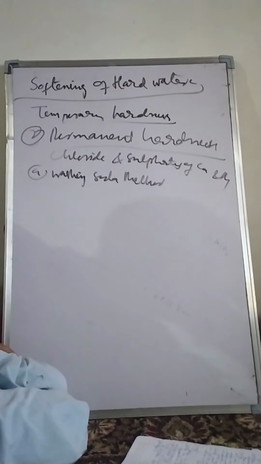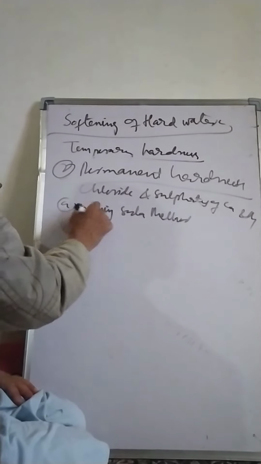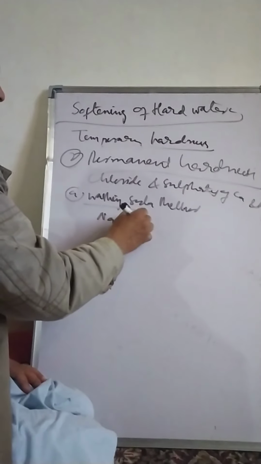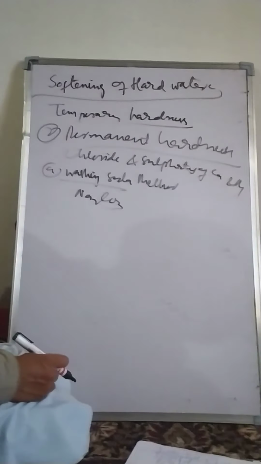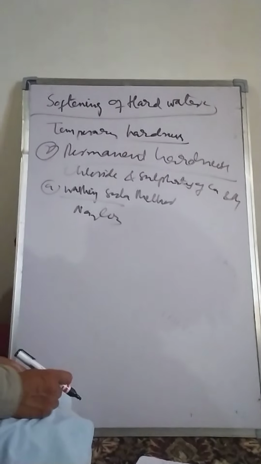What is the washing soda method? We add a calculated amount of washing soda. Washing soda means sodium carbonate. We add sodium carbonate in weighed quantities to the hard water.